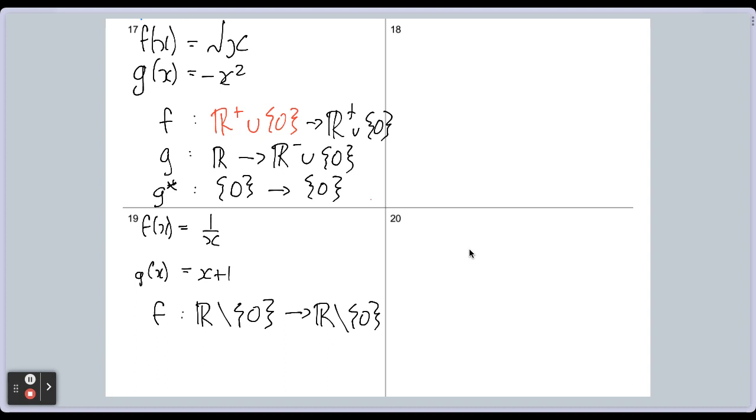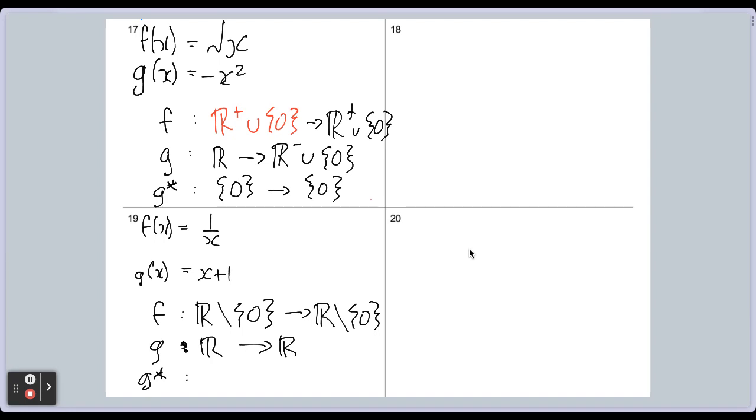So that's the domain and range of f. G can take in all real numbers, and out comes all real numbers. That's fine. G star, let's have a look at it. It can be all real numbers except for 0.